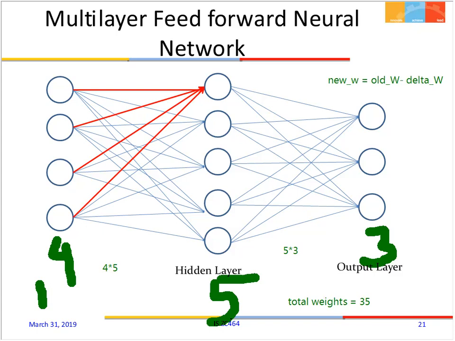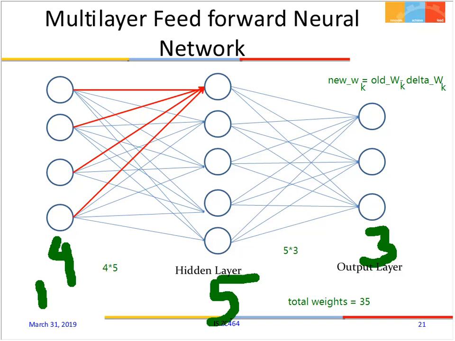If you take this as K, old WK and delta WK, then this K value will be varying from 1 to 35. This is just one algorithm, but you have to keep updating those 35 weights every time till your algorithm converges to a minimum error. You can always have a threshold for that. So this way it becomes very complicated work.